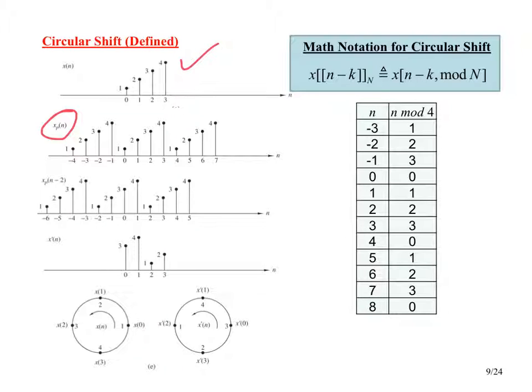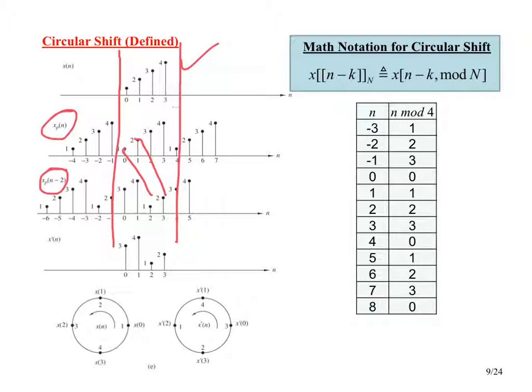Now suppose I wanted to shift that periodic signal by 2 samples. So one thing that we can see is that when we shift that, we are shifting to the right by 2 samples. So this one goes over to here, this goes over to here, and so on.